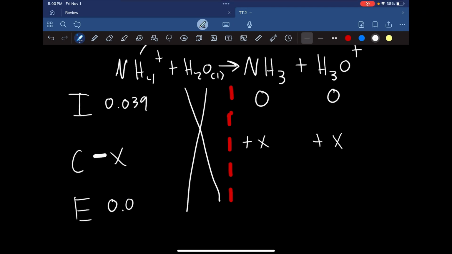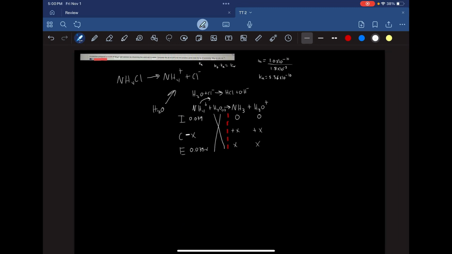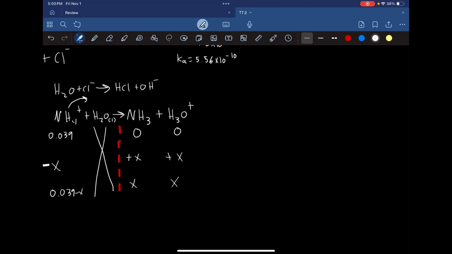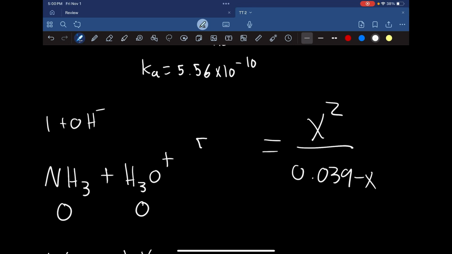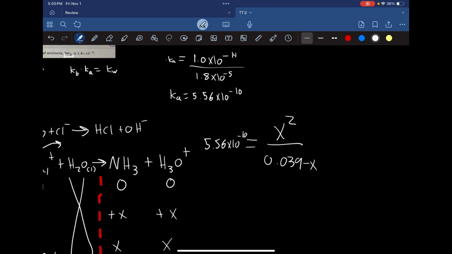So we have 0.039 minus x, and x. So when we put this, of course, it will be x squared over 0.039 minus x is equal to our new Ka value, which is 5.56 times 10 to the negative 10.